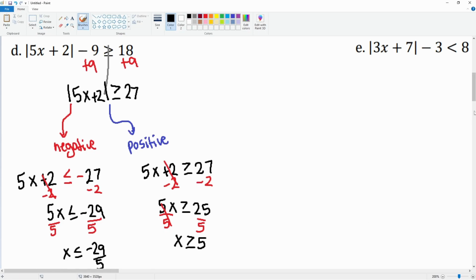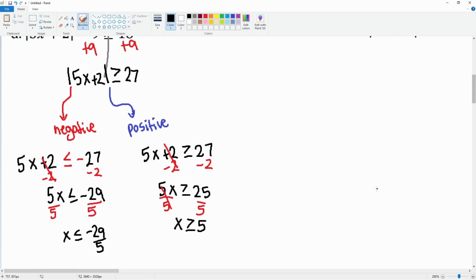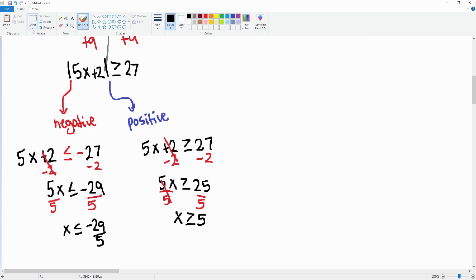This allows you now to graph it. If you use your calculator, negative 29 divided by 5 is about negative 5.8.